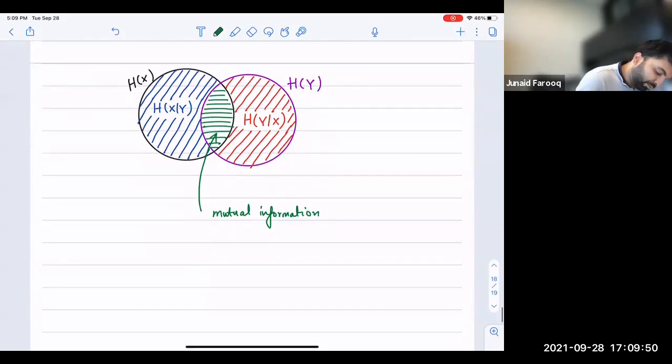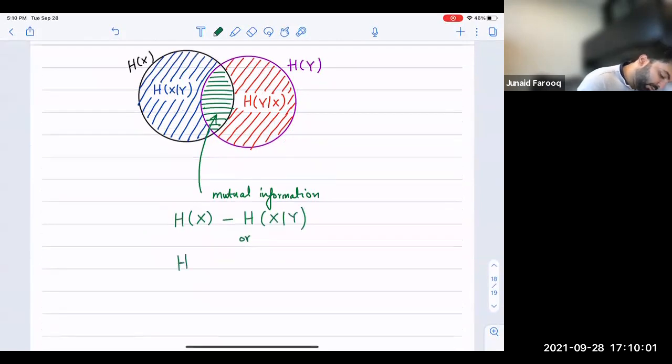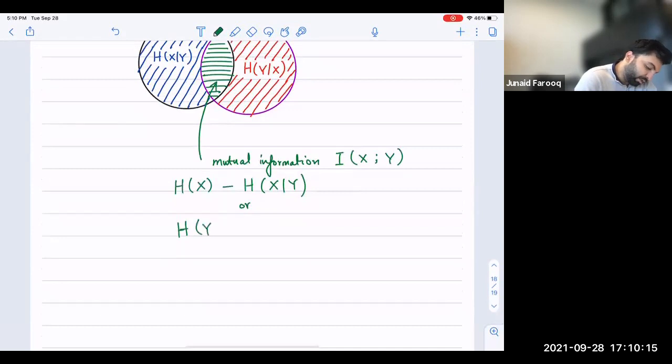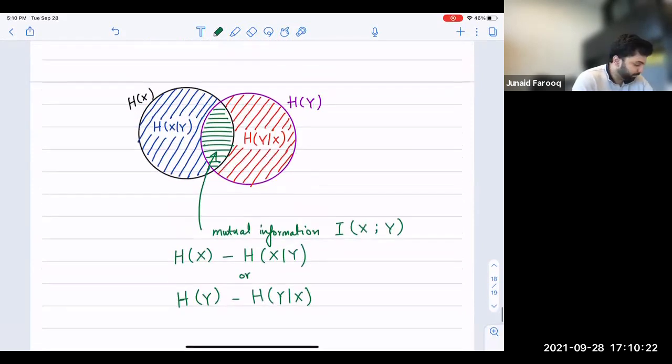And that's computed as h of X minus h of X given Y, and we'll call this I of X colon Y. Or we can say it's h of Y minus h of Y given X, right?